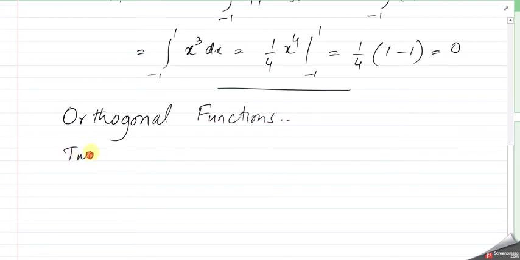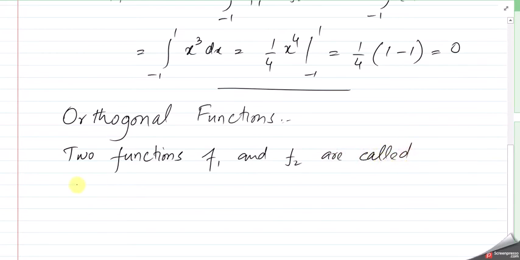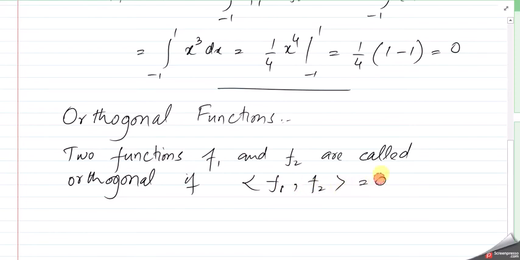Two functions f1 and f2 are called orthogonal if their inner product equals 0 on an interval a b.